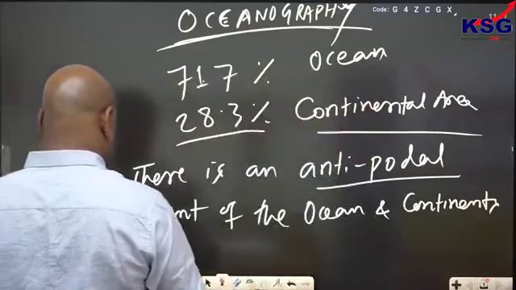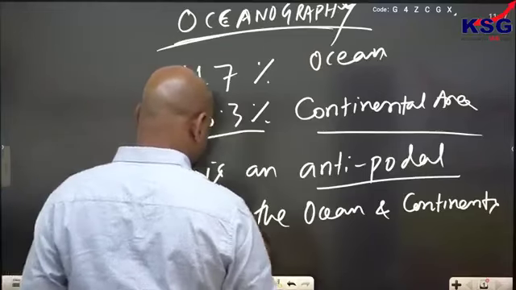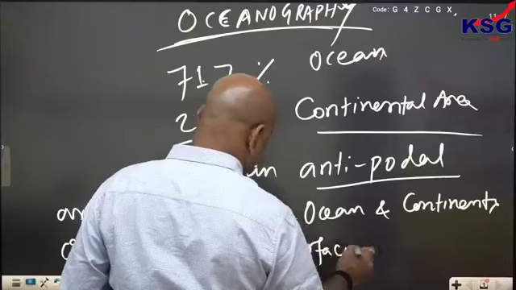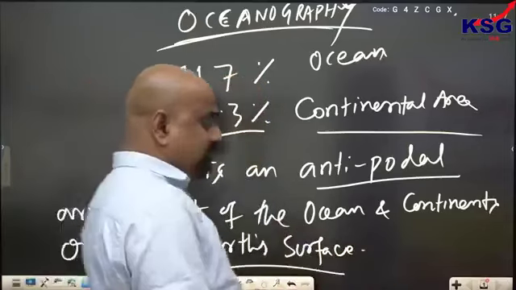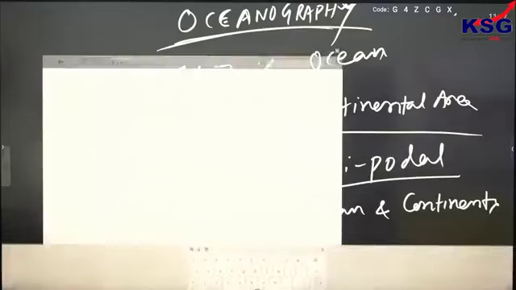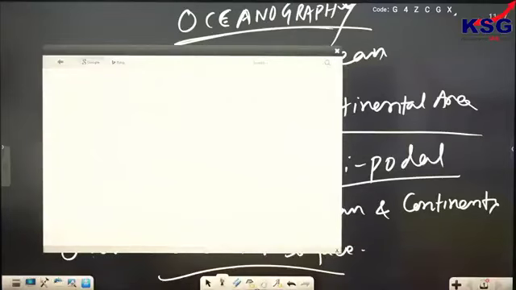Over the earth's surface we have continent and ocean in an opposite form.